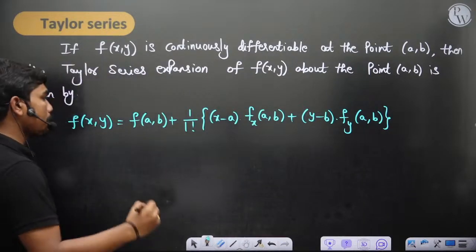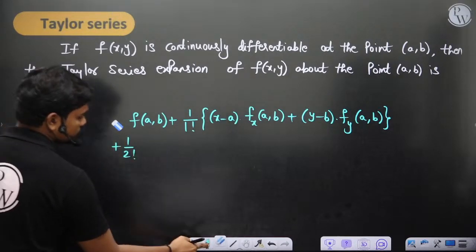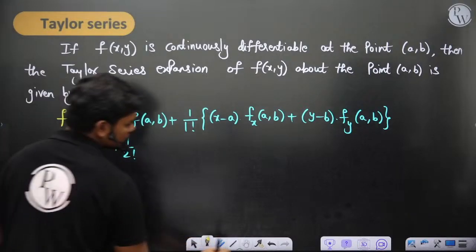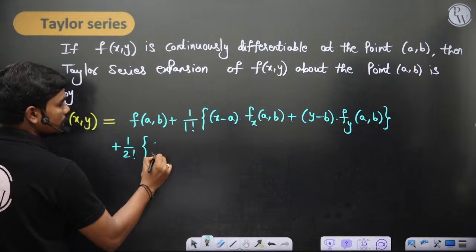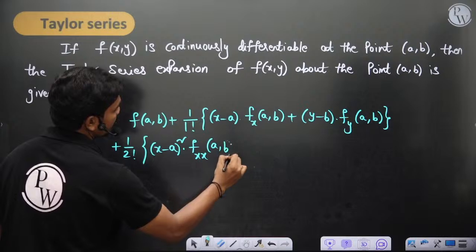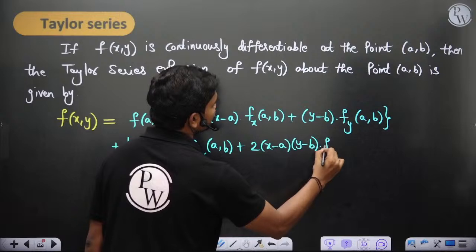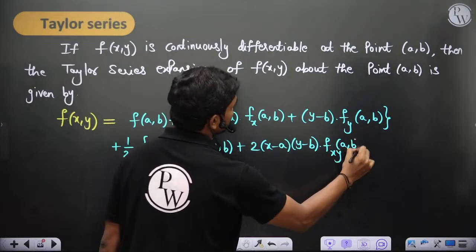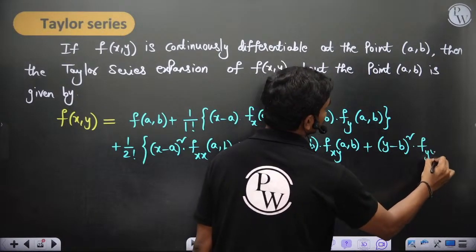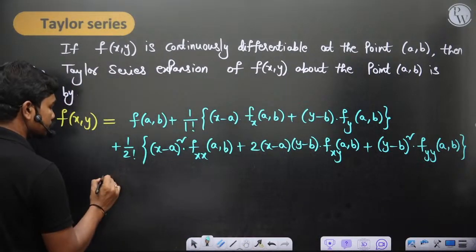Then plus 1 by 2 factorial, let me elaborate this, times x minus a whole square into the second derivative of f at a comma b, plus 2 times x minus a, y minus b, fxy or fyx, it doesn't matter, both give you the same thing, at a comma b, plus y minus b whole square times fyy at a comma b.